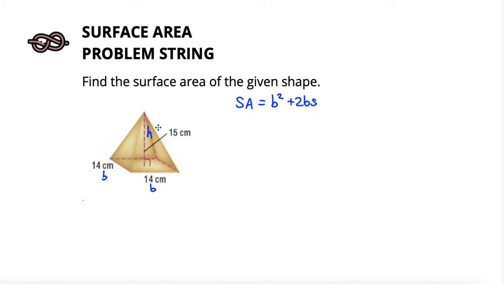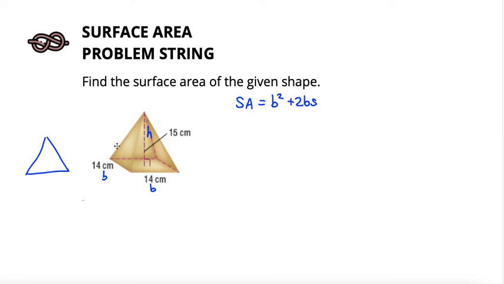Now, when you're not given the actual slant height, so the actual dimension of that side here, then you're going to need to calculate the slant height using Pythagorean theorem. So when we have a square-based pyramid, we want to think about what one of the faces looks like, the triangular faces.